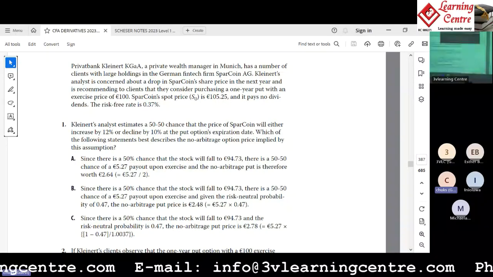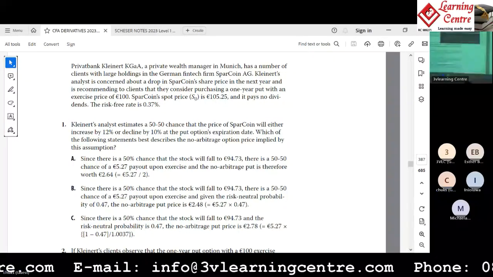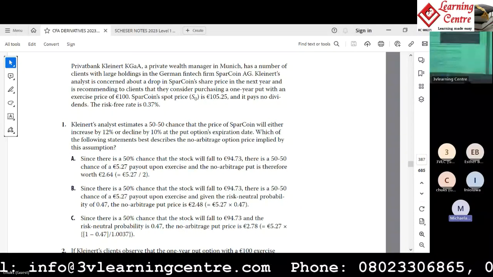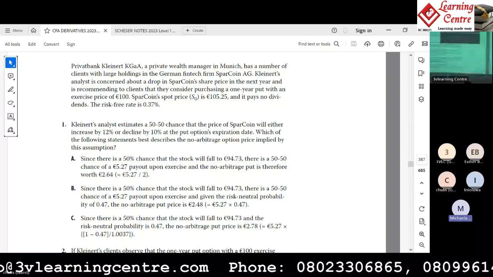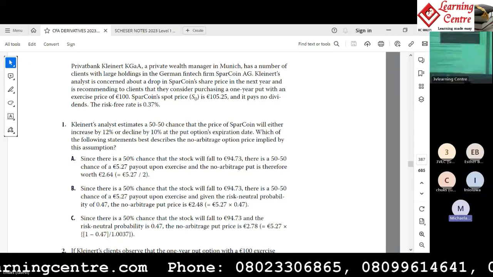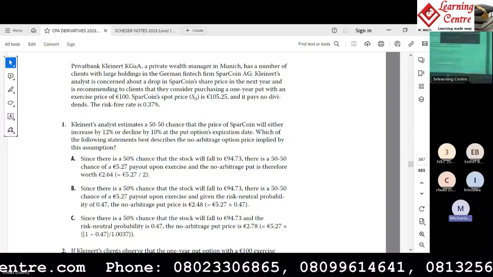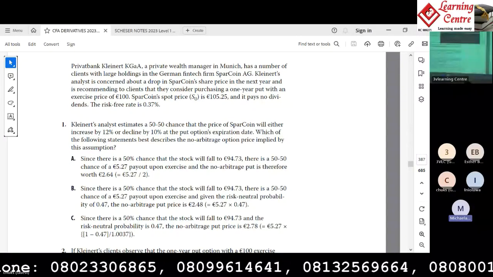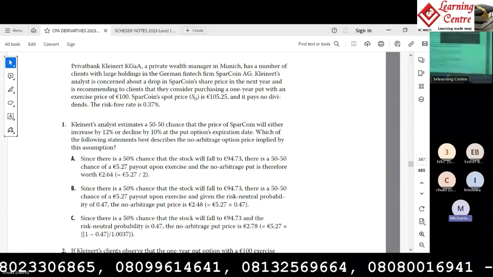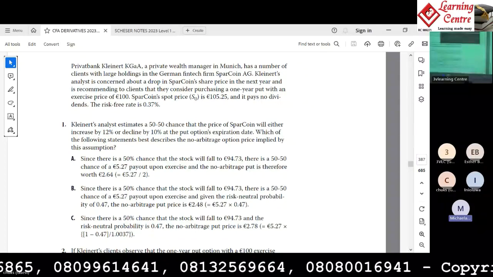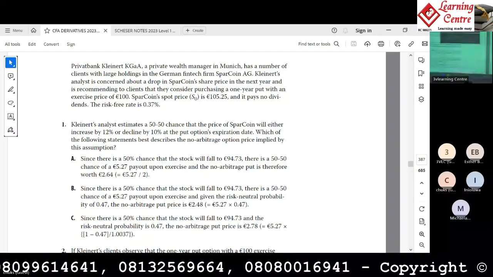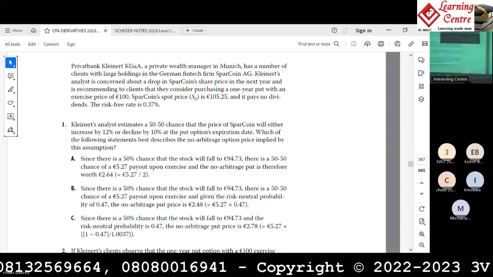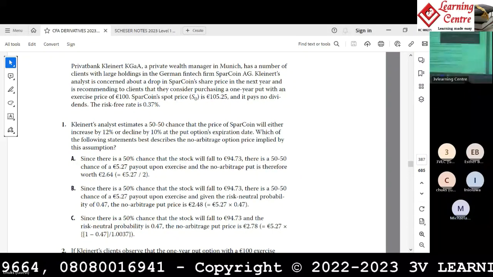Okay. Michael, can you explain how or why you think it's C? Yeah, I think it's C because it says that there's a 50% chance that the stock would either increase by 12% or fall by 10%, and 90% of 105.22 is 94 point something.